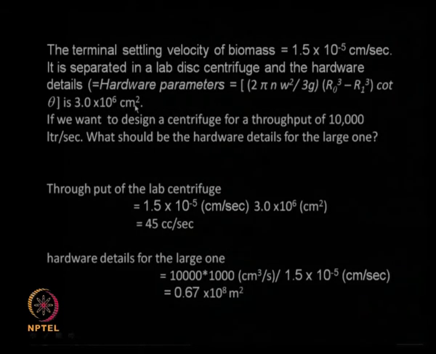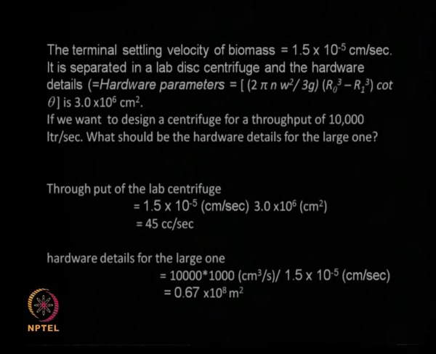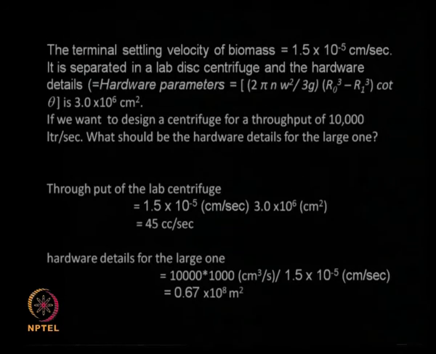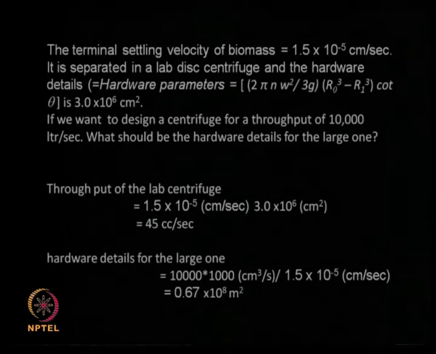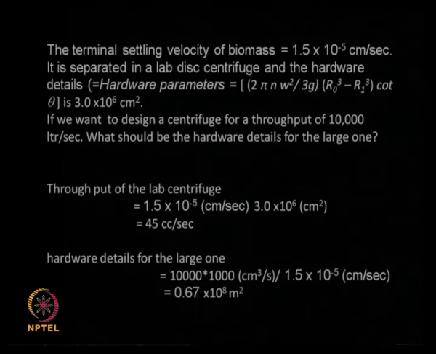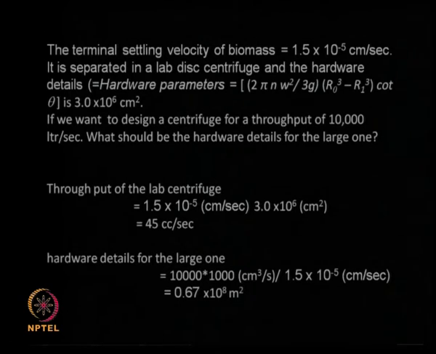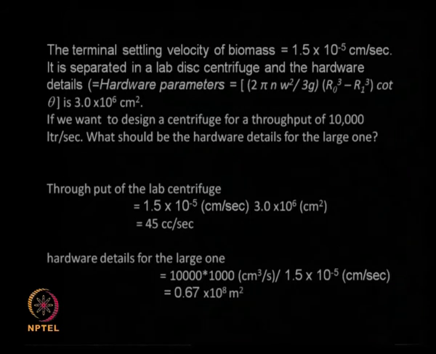So, you have used a lab scale disc centrifuge and separated some solids whose terminal settling velocity is given. Now, I want to design a very large scale setup to achieve a throughput of 10,000 liters per second. What should be the hardware details for the large one?